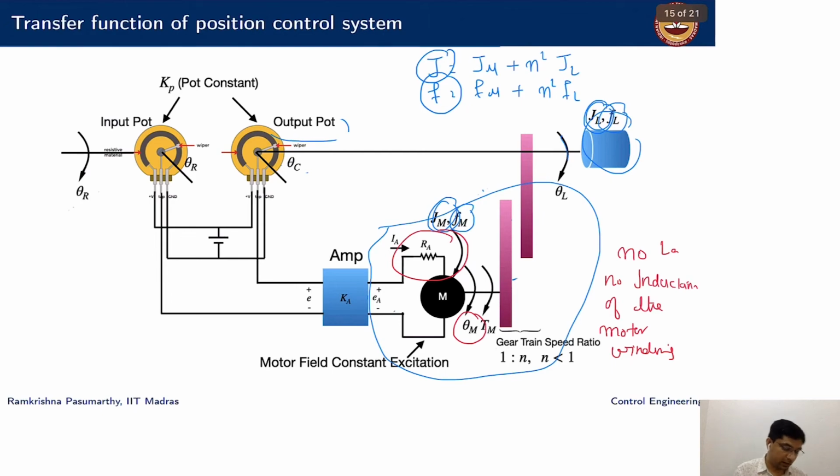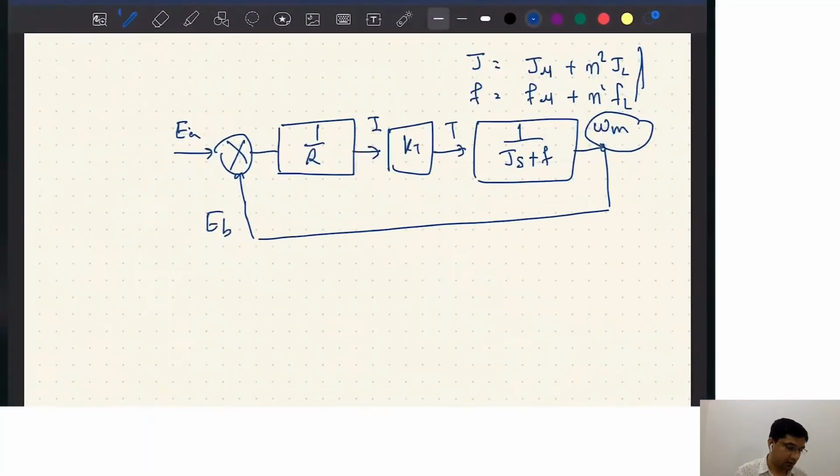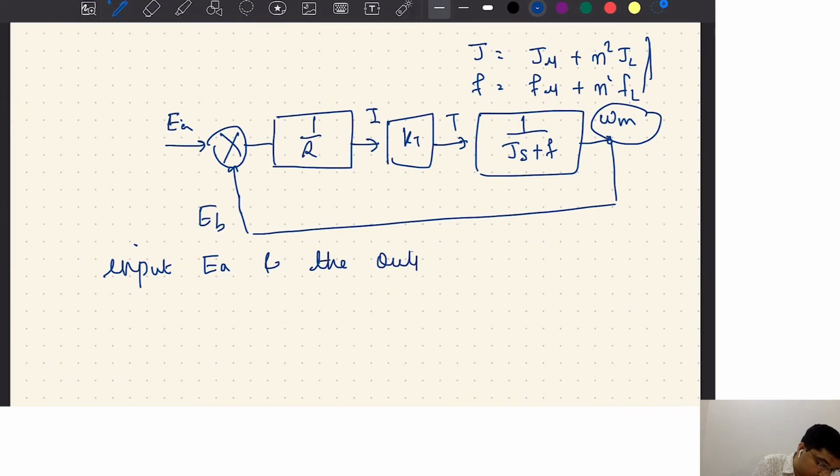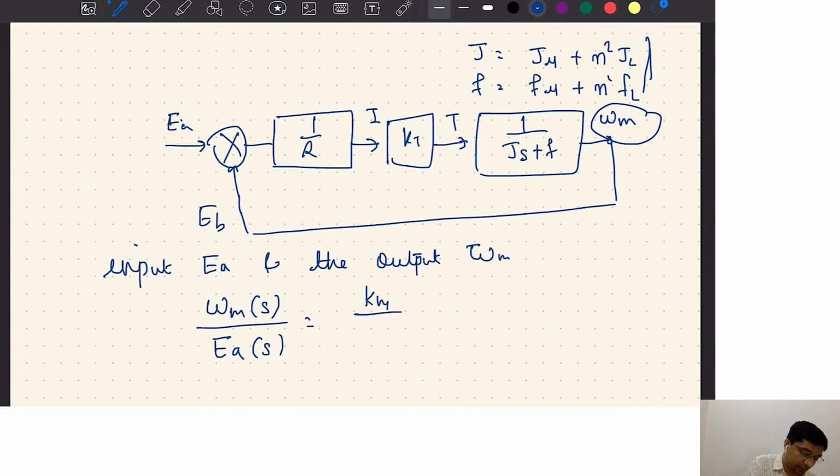Okay, so now I have a transfer function which starts from EA. My input now is EA and the output is omega m, in that little block of the motor where I said all the action was happening. So I just do simple block diagram algebra. Omega m by the input voltage to the motor is Km by (tau s plus 1), where I'm just absorbing everything into one constant.